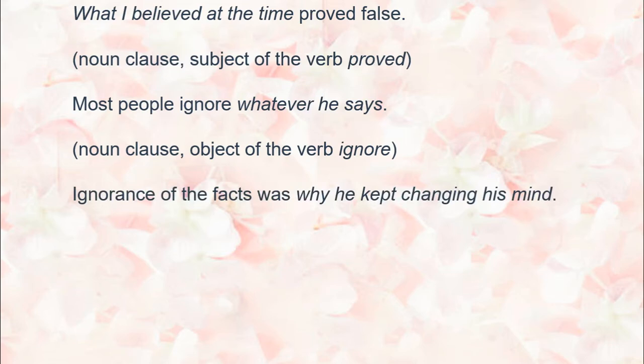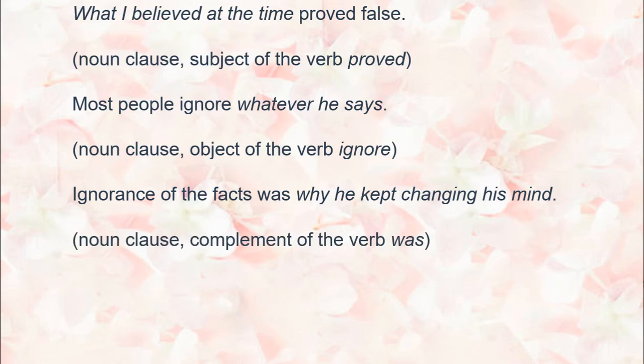Ignorance of the facts was why he kept changing his mind. So this is also a noun clause, "why he kept changing his mind," and it is used as the complement of the verb was.